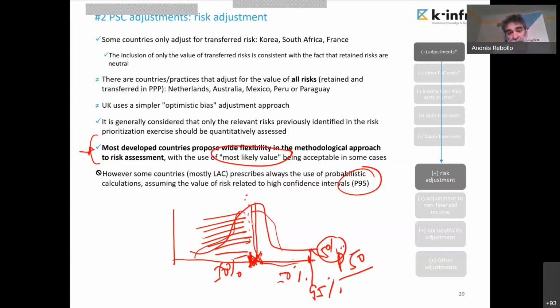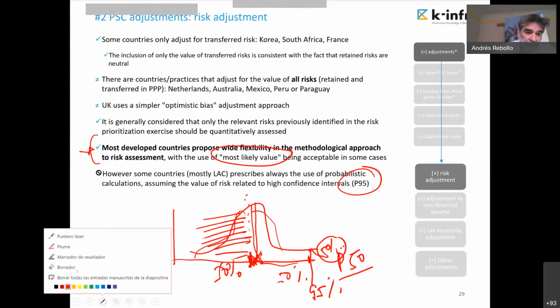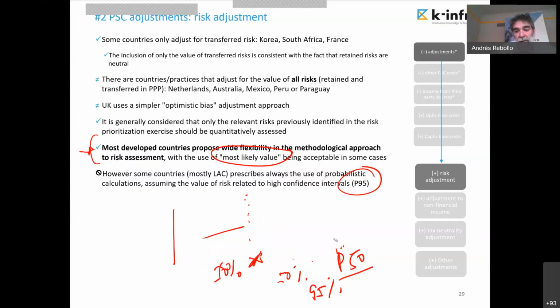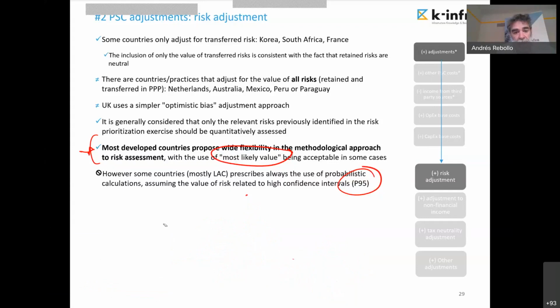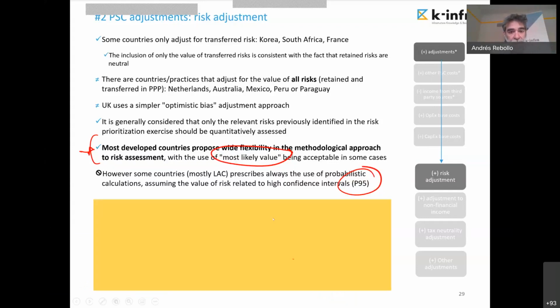What are you doing in this case? Let me clean up. You are biasing the value for money assessment to have a positive result, because you want to approve the project as a PPP, yes or yes. That is what we're doing.